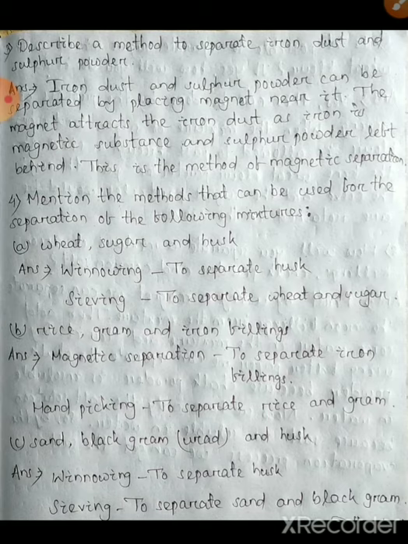You write: iron dust and sulfur powder can be separated by placing a magnet near it. The magnet attracts the iron dust, as iron is a magnetic substance, and the sulfur powder is left behind. This is the method of magnetic separation.